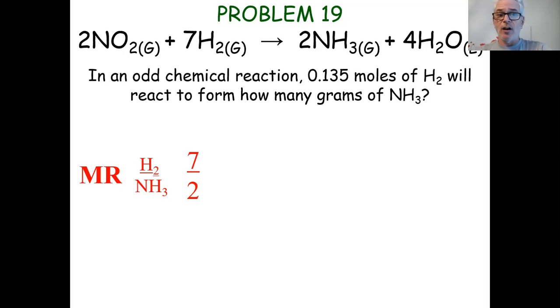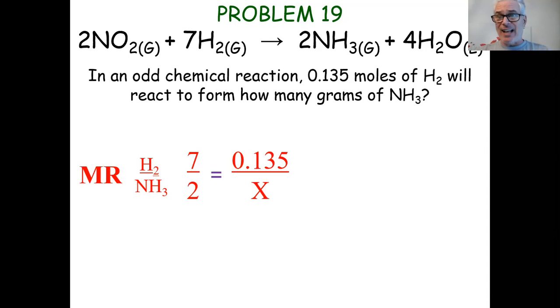7 to 2 ratio. But we have some little silly decimal here, so we can't do this in our head. It's not like we're going to double it, right? If it was double the hydrogen, 14, it would be 4 moles of ammonia. It would be easy. There's a calculator. It's not hard. You got to calculate it. So instead of 7, we have 0.135 moles of hydrogen, and that's going to be comparable to x.